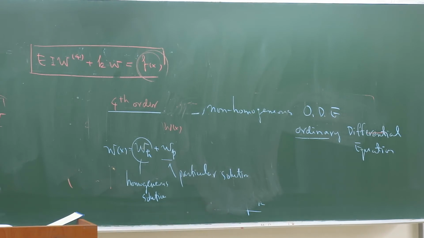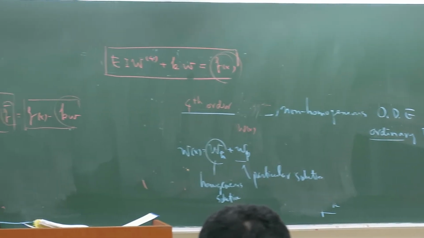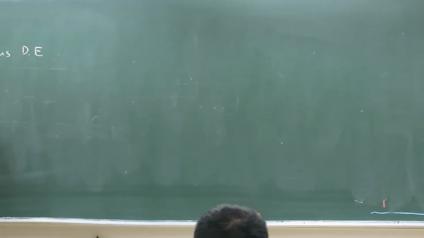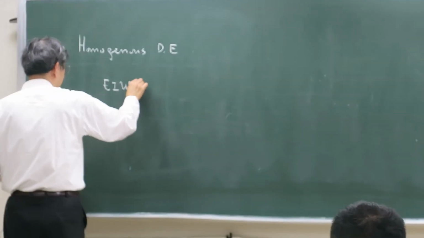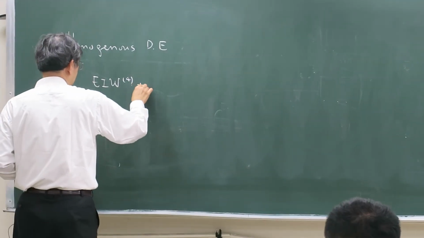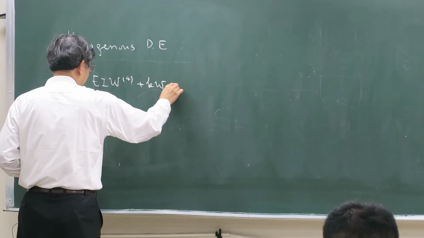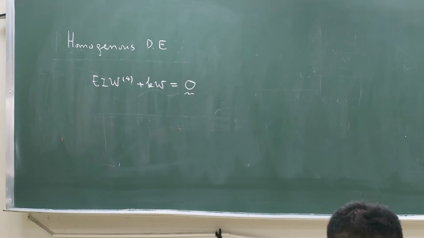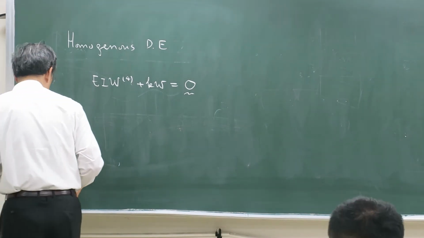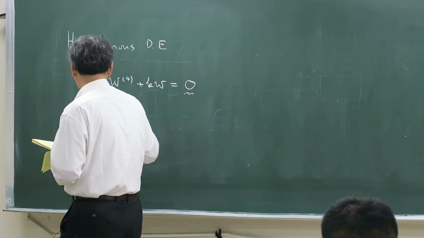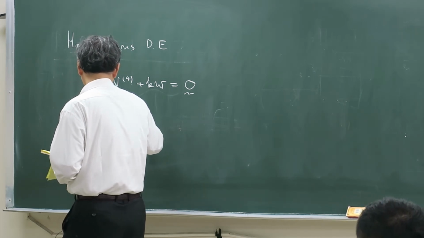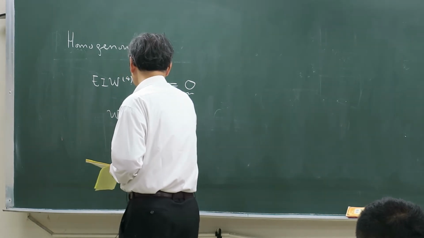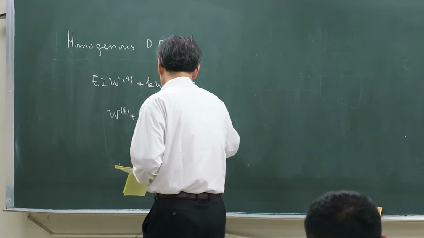So the homogeneous equation is EI w fourth derivative plus Kw equal to 0. Okay, it's for homogeneous. So how do we solve this equation? First we change this into w fourth derivative plus K over EI w equal to 0.